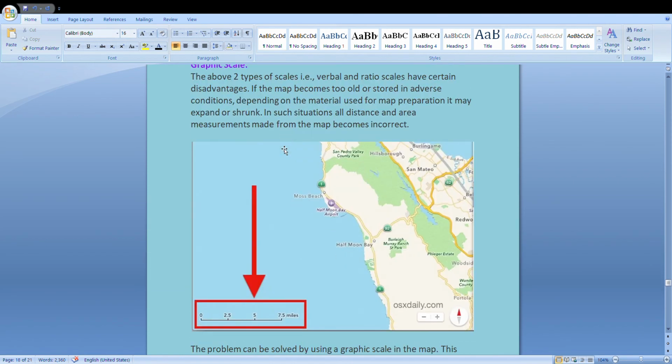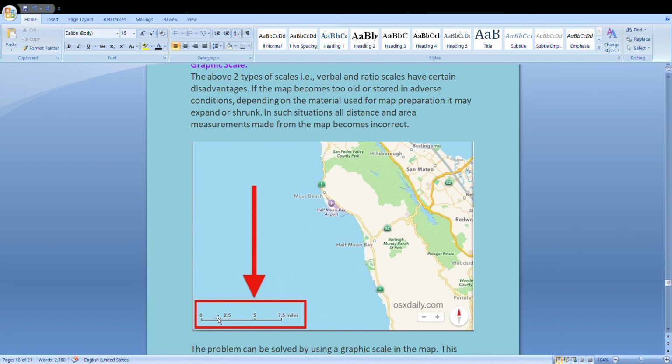Now we come to the third type of scale. In the third type of scale, we literally draw a scale. We draw it and we can put our scale here. If this is 1 inch, you can say 1 inch is representing 2.5 miles.